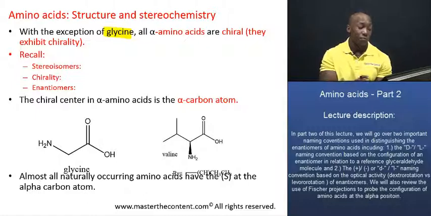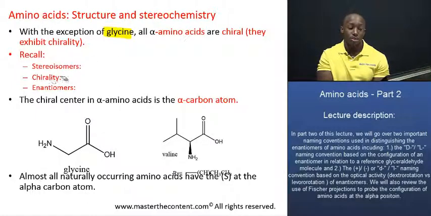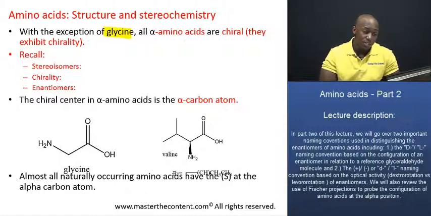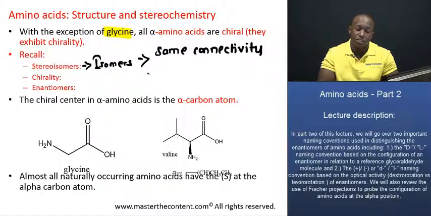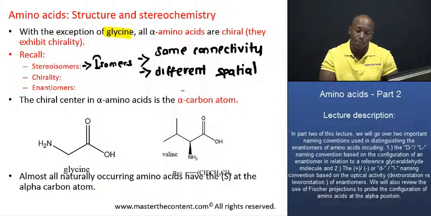Now, before we move ahead, you have to understand a few important concepts in relation to stereochemistry. You need to know what a stereoisomer is, what a chiral center is, and what an enantiomer is. A stereoisomer is basically a pair of isomers that have the exact same connectivity of atoms, but a different spatial arrangement of atoms in three-dimensional space.